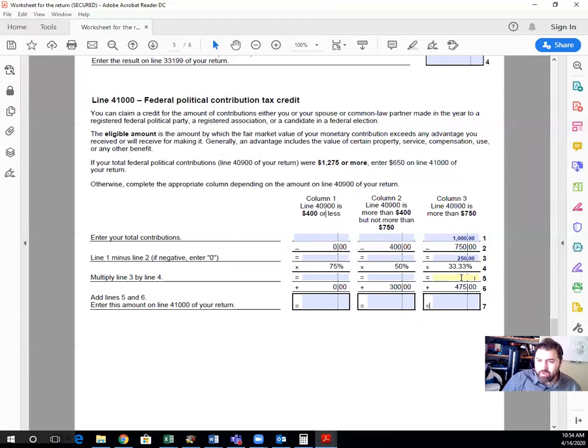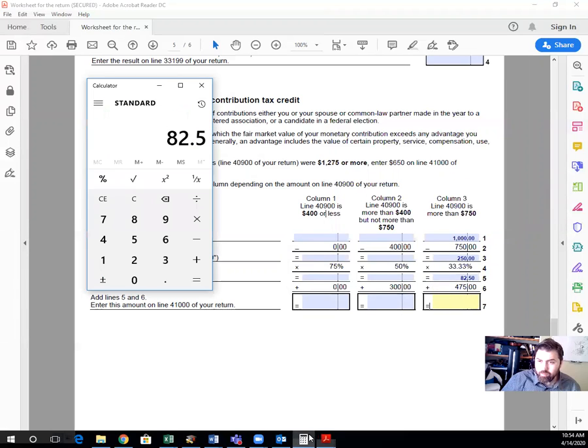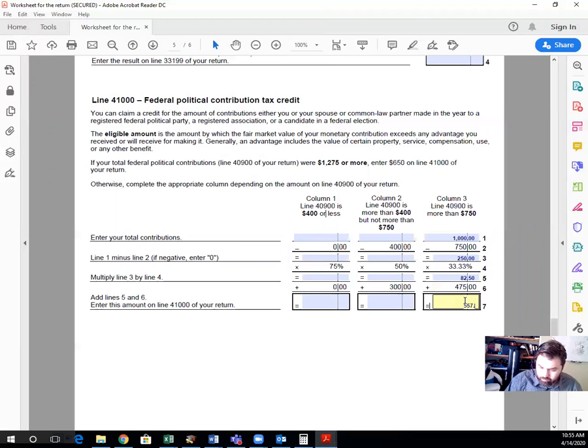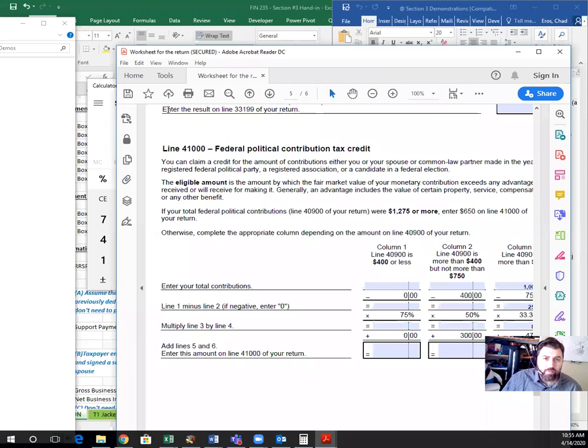So it's another $82.50, plus our base from the other brackets. So $82.50 plus 475 is $557.50. Okay, and so then we would enter this amount on line 41000.